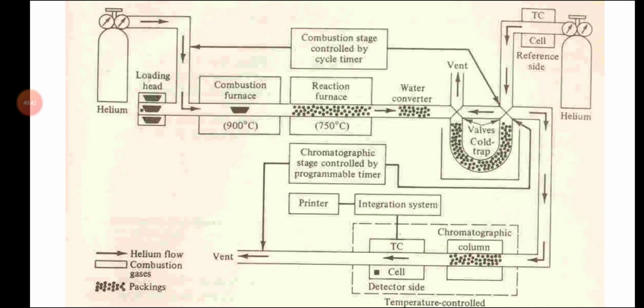Then the detector, placed at the exit of the column, records the individual components as a chromatogram, which gives the peak value of the individual component concentrations. The chromatograph stage is controlled by a program timer, and its temperature can be controlled.